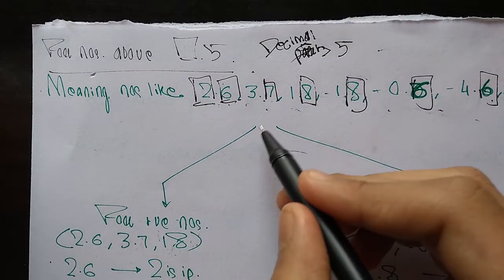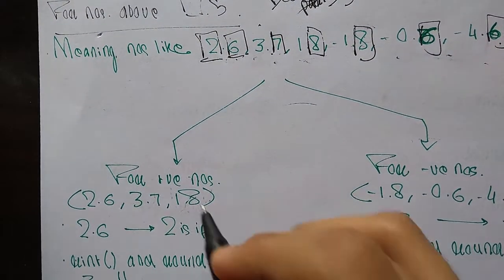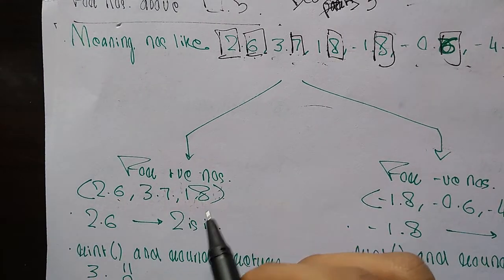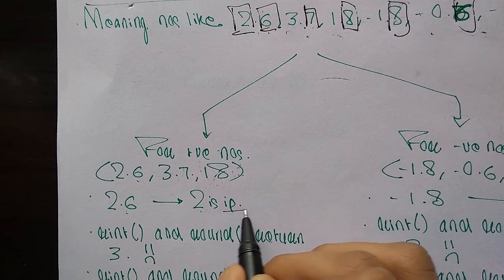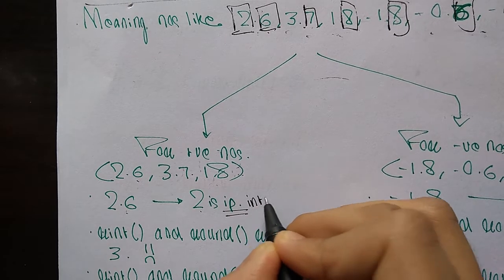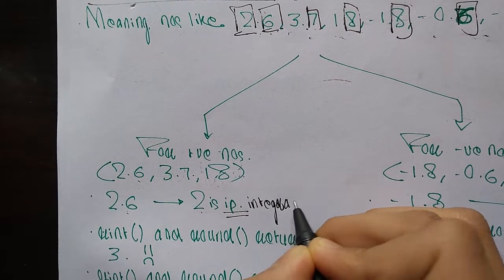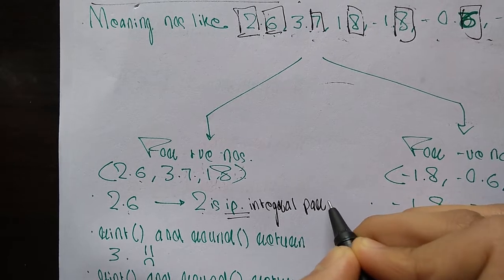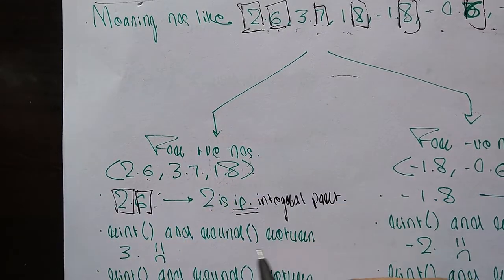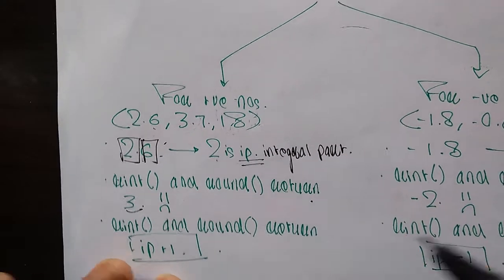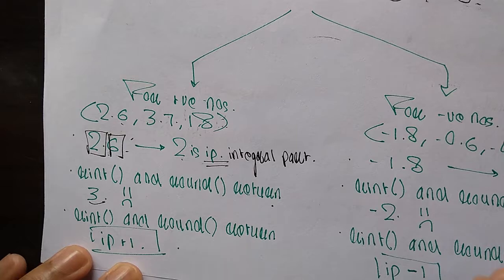Okay, so now I divided into two cases. For positive numbers, 2.6, 3.7, 1.8: in 2.6, 2 is the integral part, 6 is the fractional part. Now rint and round return 3. This is an observed thing, I didn't make the rules like this.